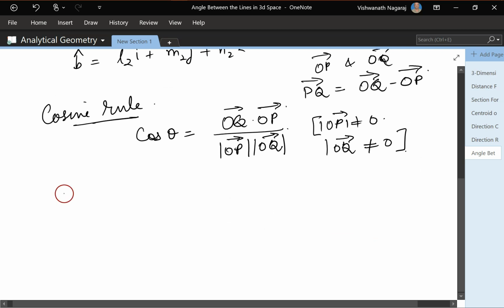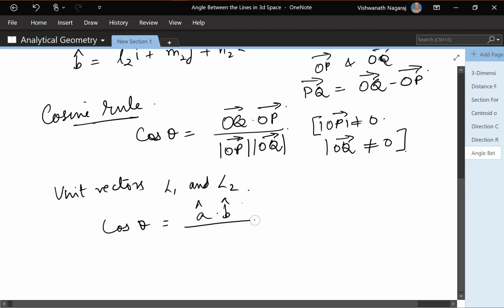Keeping this in mind, if we look at the unit vectors along L1 and L2, cos theta would be equal to A hat dot B hat divided by magnitude of A hat times magnitude of B hat.